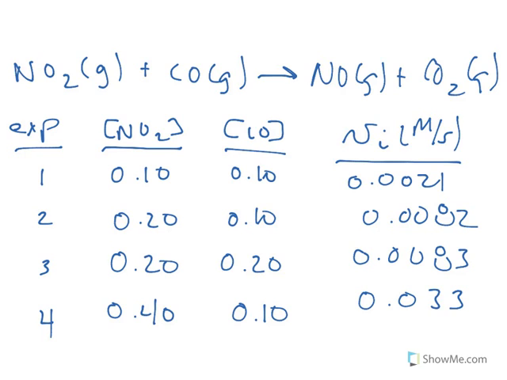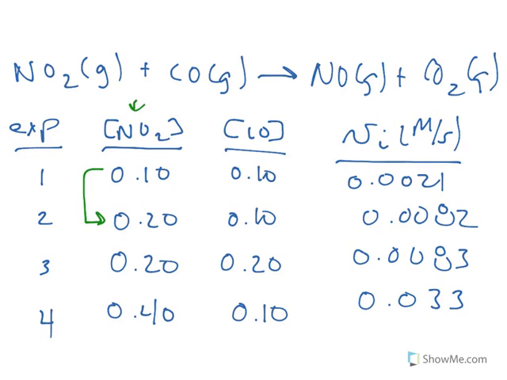All right, so let's go looking through NO2. So this will be this column here, and we're going to do it with green. So in experiment 1 to 2, it looks like we changed the concentration. So let's look over at the third column, which is the carbon monoxide. Did we change the concentration there? And the answer is no. All right, so this would be a good experiment to look at.